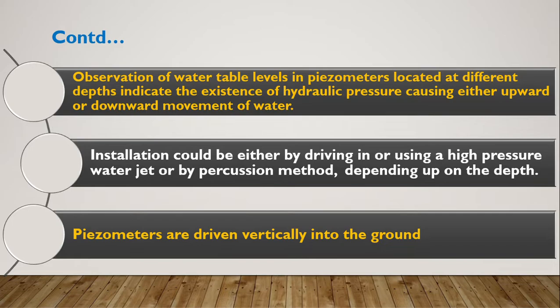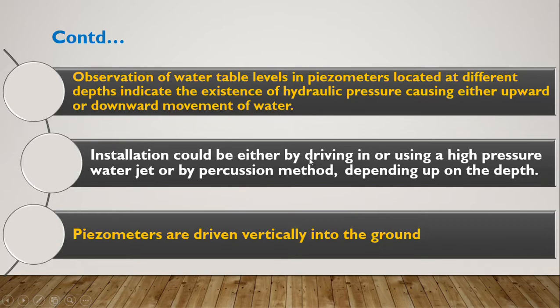From that information we can see that there will be an upward or downward movement of water in that portion. If there is a difference in levels of water in piezometers placed at the same position, we can assume there will be a movement of water in that position, either upward or downward. For that purpose, we are placing a number of piezometers at the same grid point.